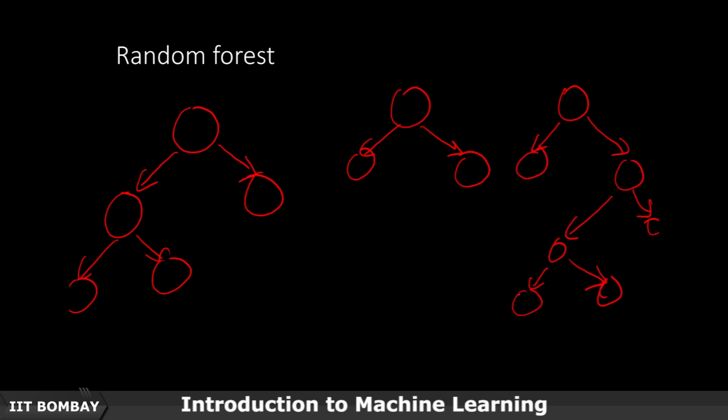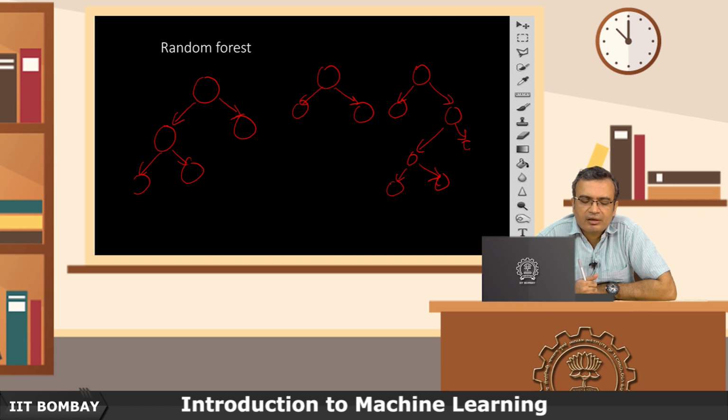Now if we want to average the decisions of three different trees, there has to be something different about these trees, otherwise they will all give you the same decision.